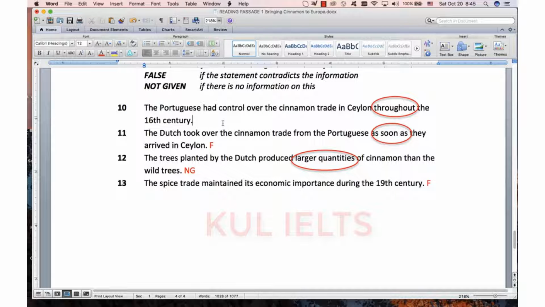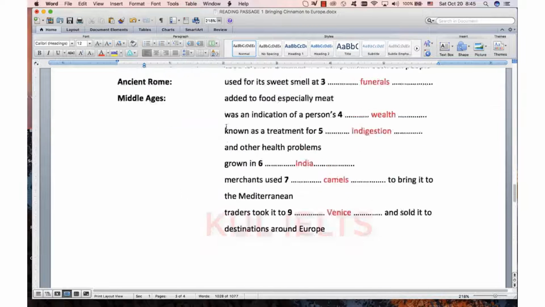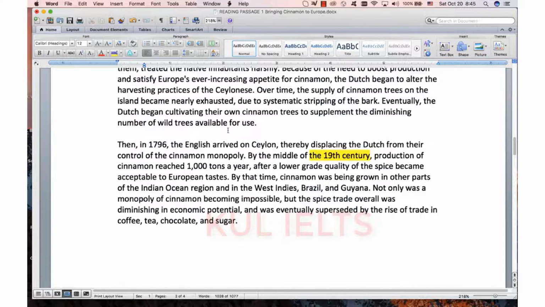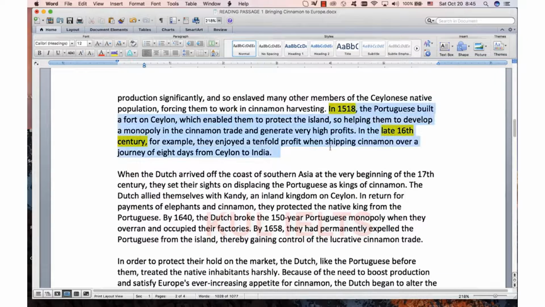So that's false. So that actually helps us because I'm quite confident about these, and that means that this will be true. But let me show you where it is, because they won't have 3 falses and 1 not given. This is all about the 16th century, and they developed a monopoly in the trade. That's probably the target language. You should learn this word. A monopoly is when somebody controls a market.